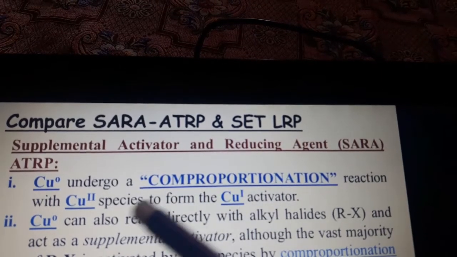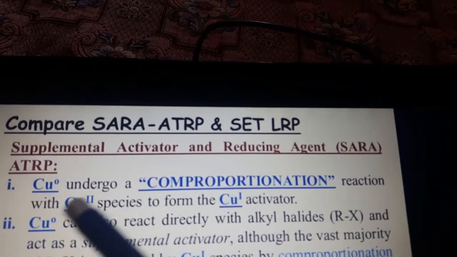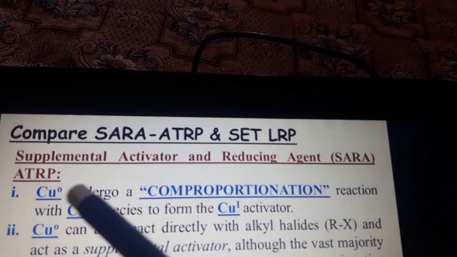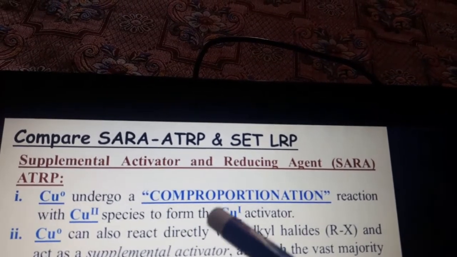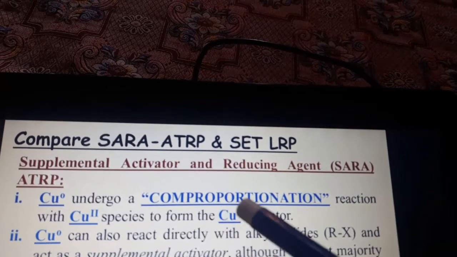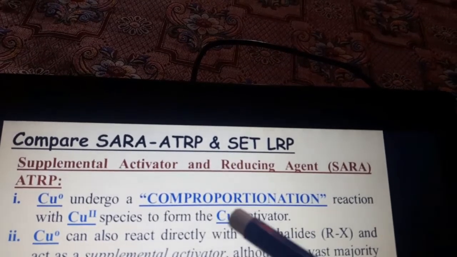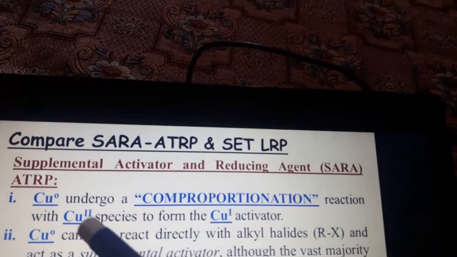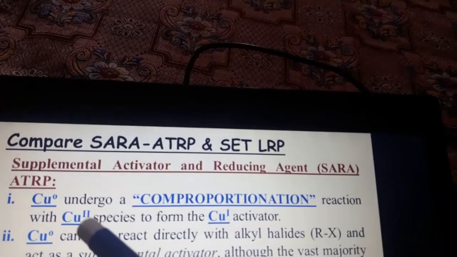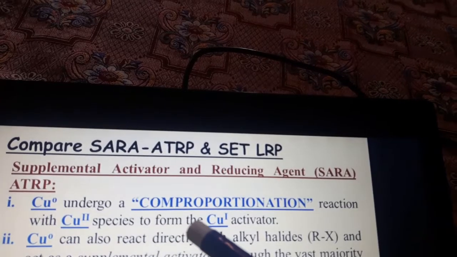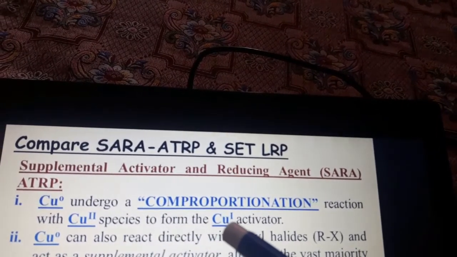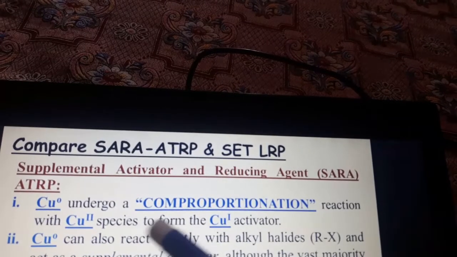Comproportionation reactions are those reactions in which species in two different oxidation states produce a species or two species in the same oxidation state. So copper in the zero oxidation state combined with copper in the +2 oxidation state produces two coppers in the +1 oxidation state, and this process is called a comproportionation reaction.